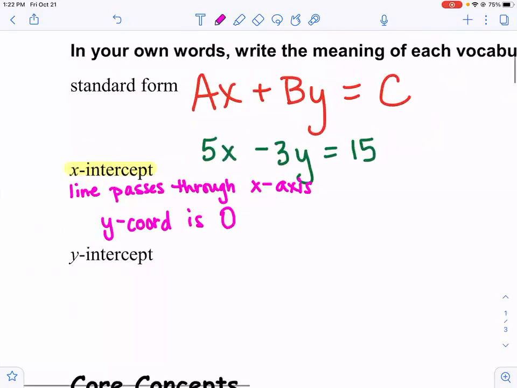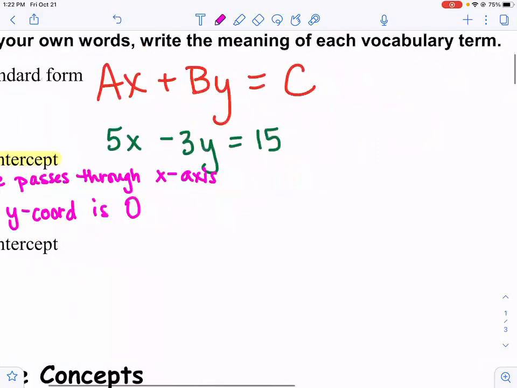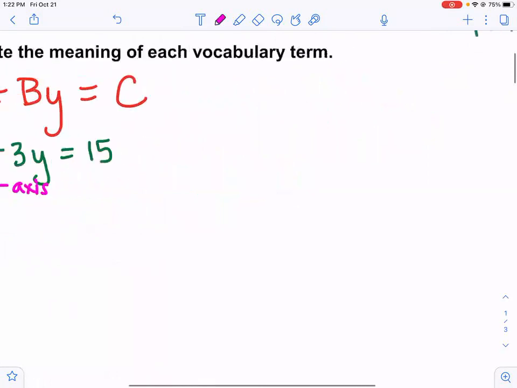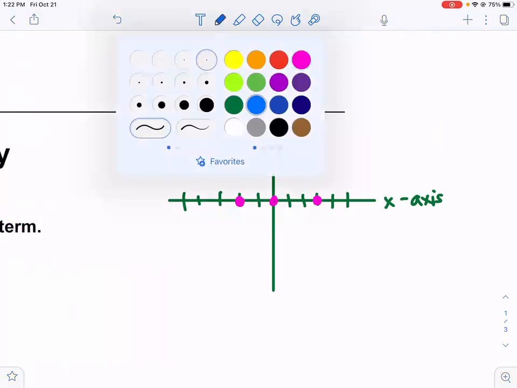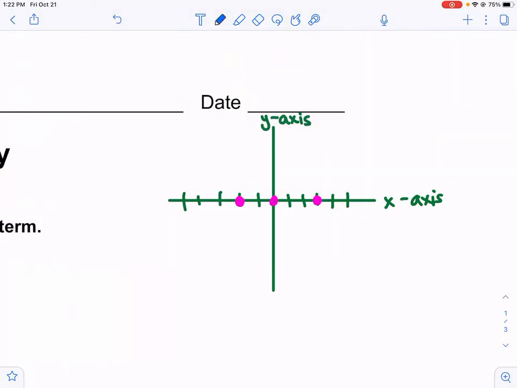Now let's come back to our cute little coordinate plane. We're going to talk about the y-axis now. Plot 3 points on the y-axis and label them.